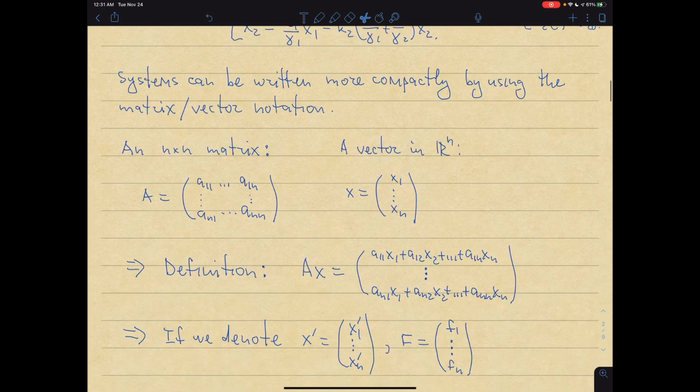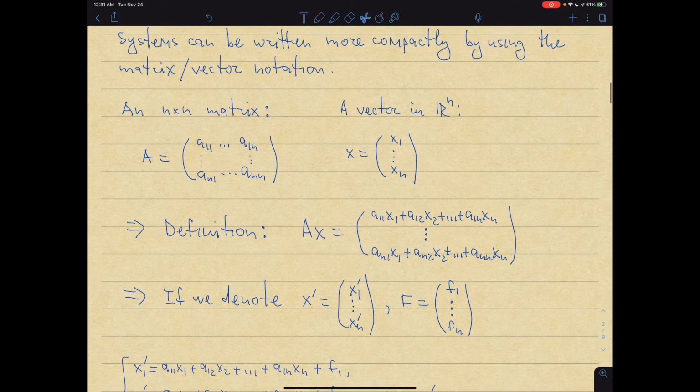And to this end, I'm going to remind you about matrices, right? An n by n matrix is going to be a table of n squared numbers like this. A vector in Rn we can write using our typical notation, as x1, x2 written in a row, but you can also write it as a column instead.